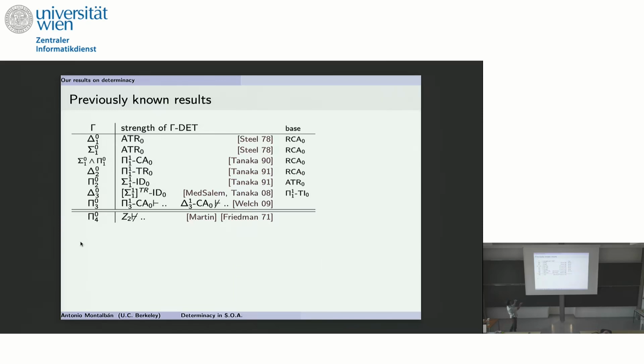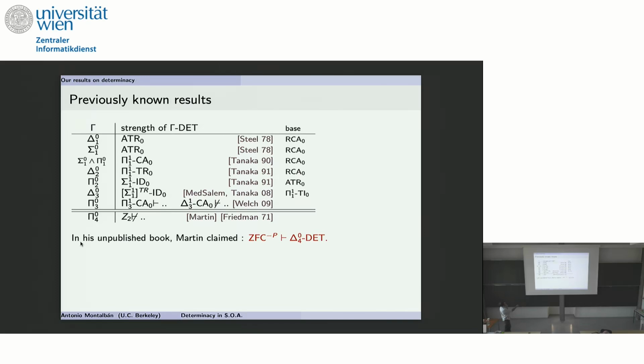Martin had brought it down to Pi 0 4. So Martin knew already that Pi 0 4 determinacy was not provable in second-order arithmetic. And with Richard, we set up to work between those two lines right there. So that's where we're going to be.